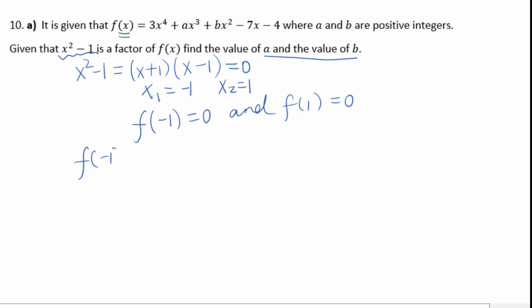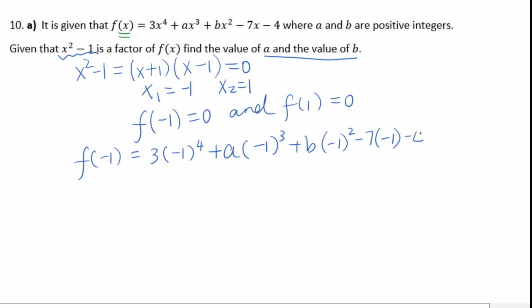F of -1 equals 3 times -1 to the fourth power plus a times -1 to the third power plus b times -1 squared minus 7 times -1 minus 4. -1 to the fourth power is a positive 1. -1 to the third power is -1. -1 squared is a positive 1.